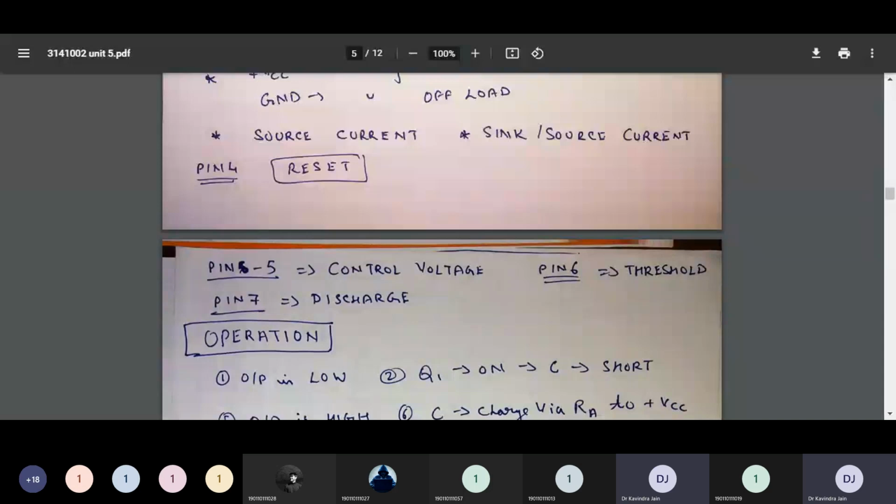When output is low, I repeat, when output is low, Q1 is saturated to the external capacitor and acts as a short circuit.